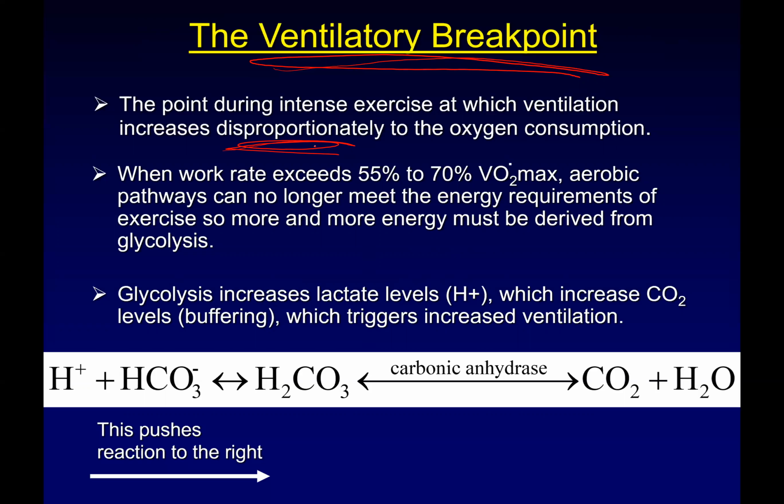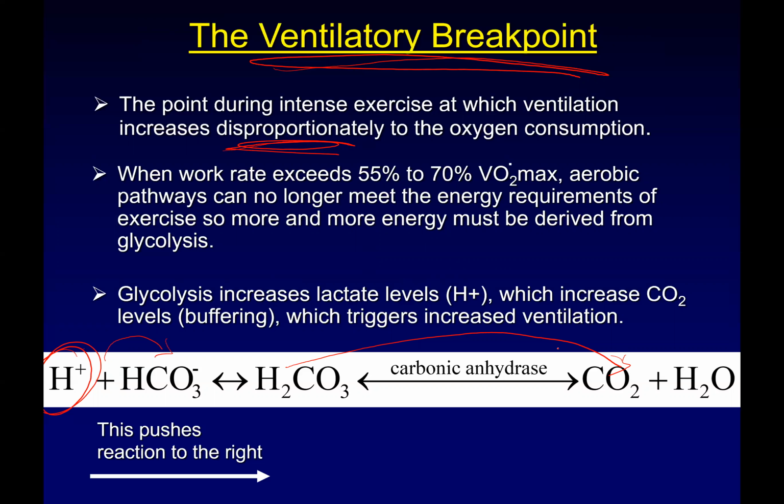And that is going to be because we are going to produce hydrogen ions from the production of lactic acid. Those hydrogen ions are going to combine with bicarbonate, right? And then when that gets into the lung, we're going to precipitate out CO2 and water. It's going to push this reaction to the right, okay? And so we now have CO2 that's driving increases in ventilation.